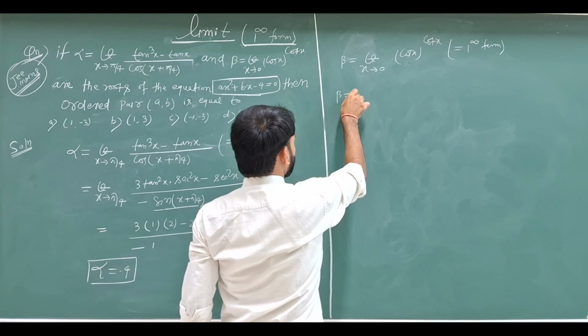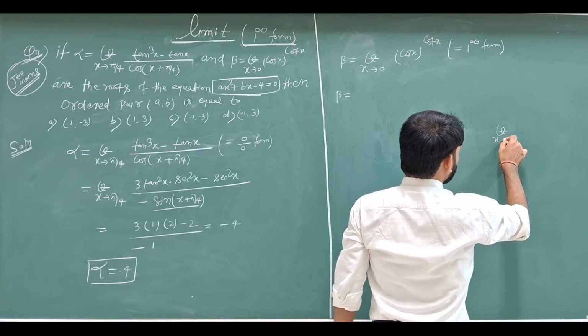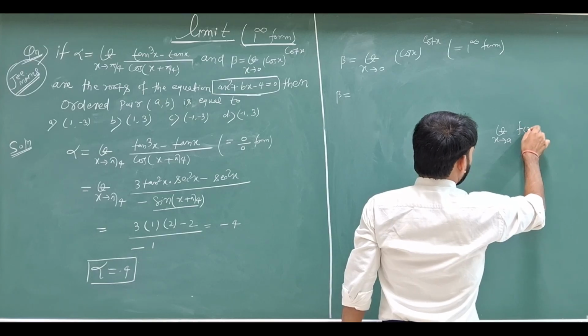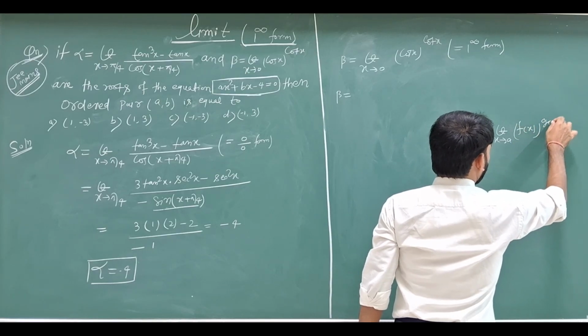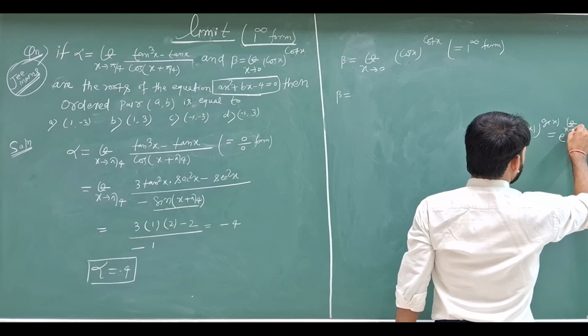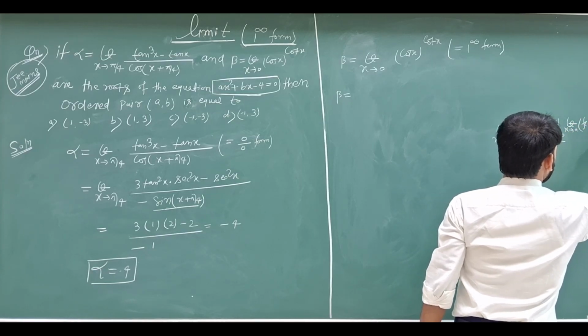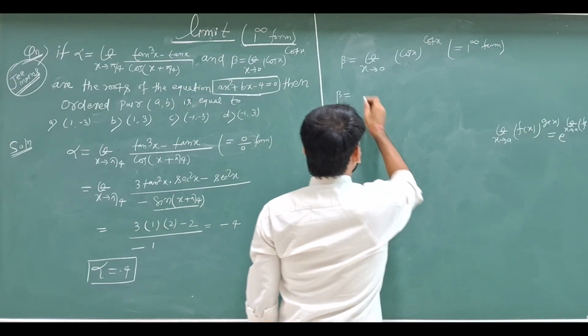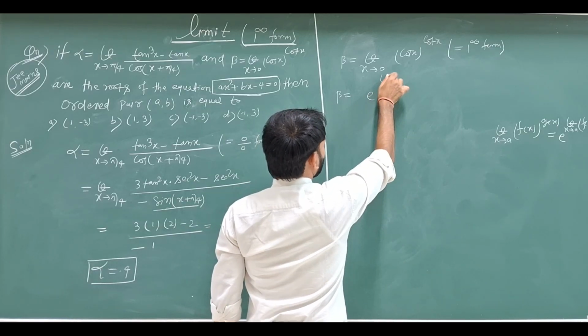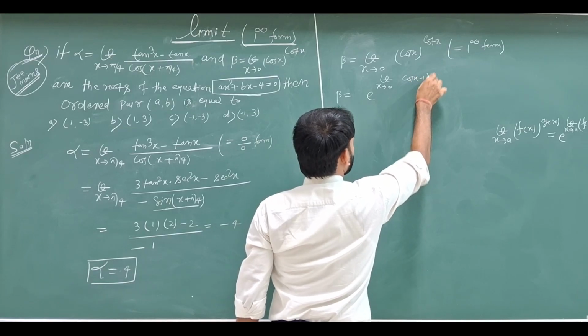You can just apply the formula. What is the formula? Limit x tends to a of f(x) to the power g(x) is e to the power limit x tends to a of (f(x) minus 1) into g(x). So we get e to the power limit x tends to 0 of (cos x minus 1) into cot x.